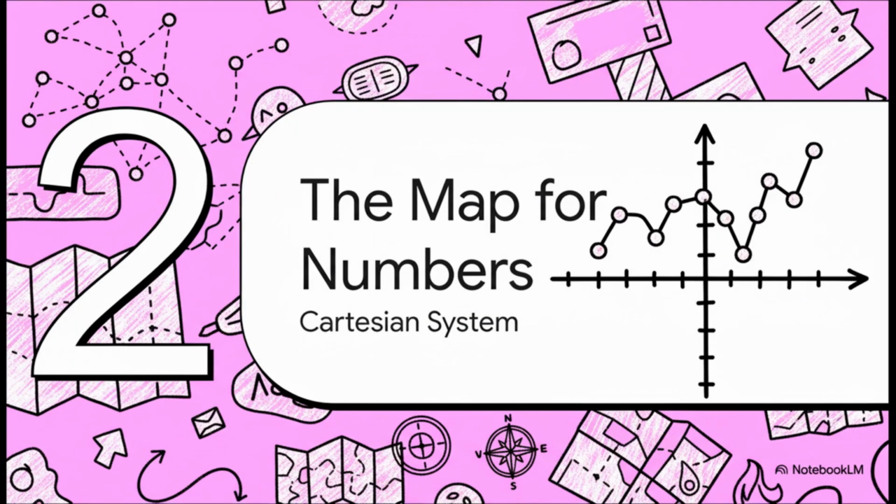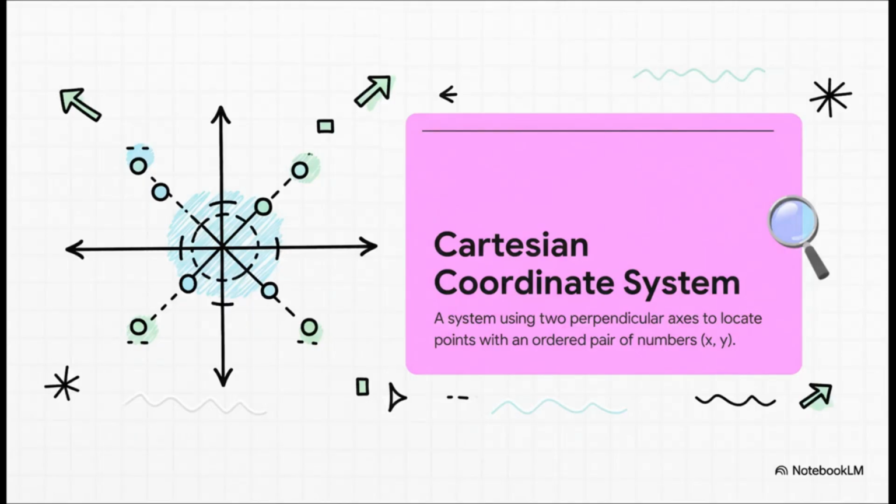That's an awesome start, but a rule by itself is kind of floating in space. We need a place to put it. We need a map, somewhere we can actually plot our points and see the connection come to life. And here it is, the Cartesian coordinate system. I'm sure you've seen this grid before. It's made of two number lines that cross each other.